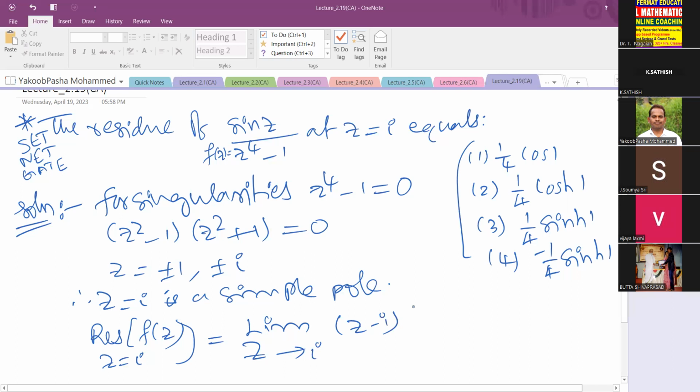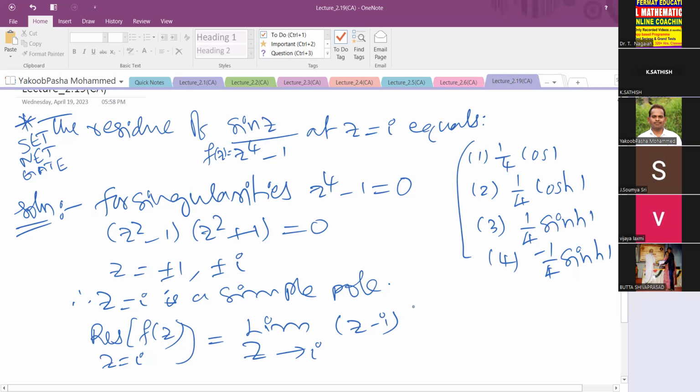Now apply z equal to i. What happens here? The numerator is sin i, divided by i square, that is minus 1, into i plus i. So this is equal to sin i divided by, here i square is minus 1, this is completely minus 2i times 2.